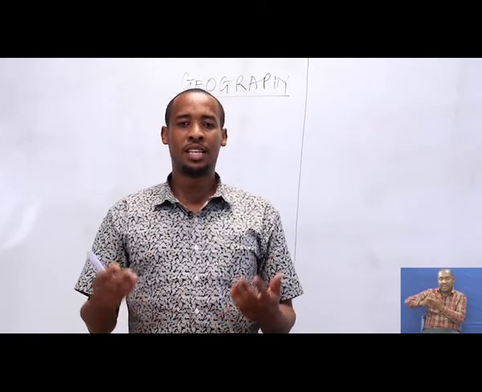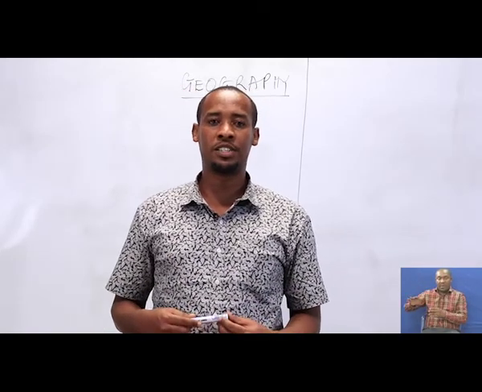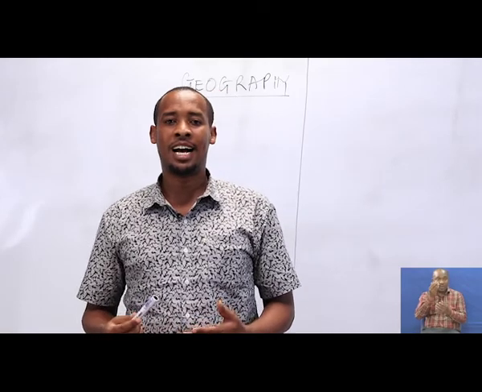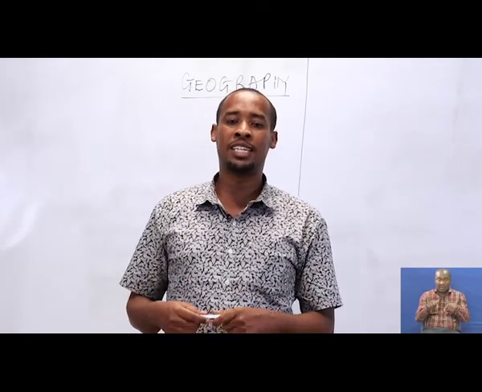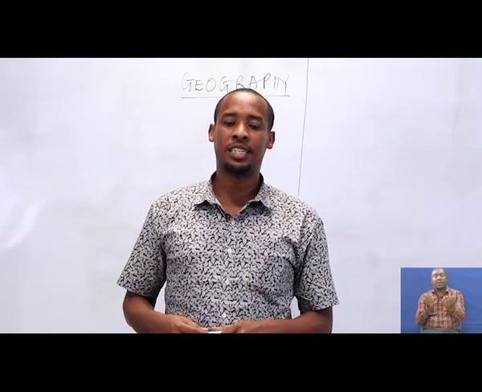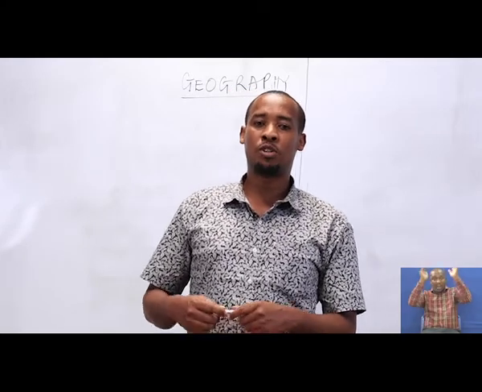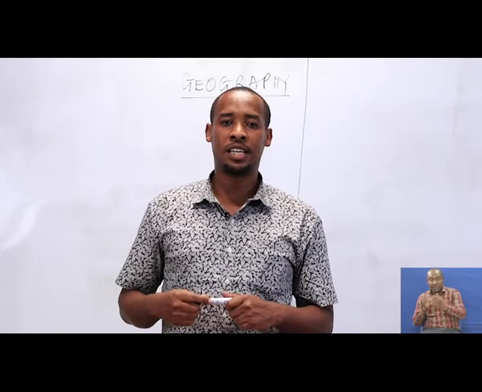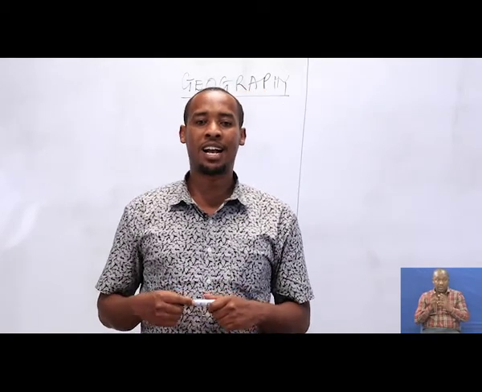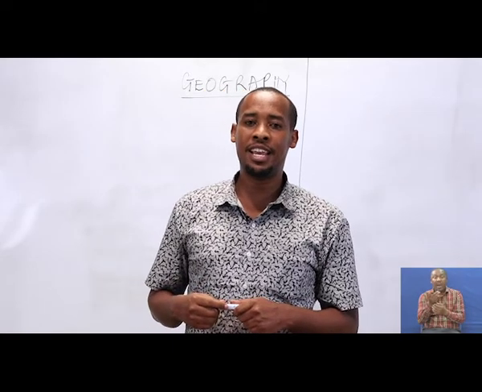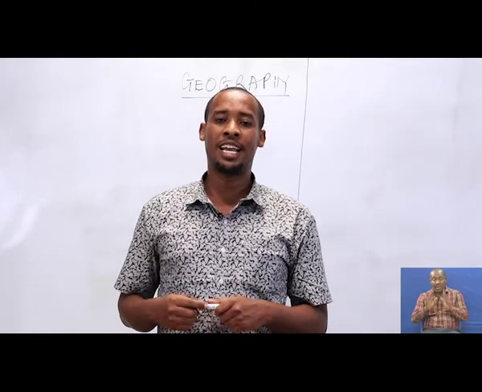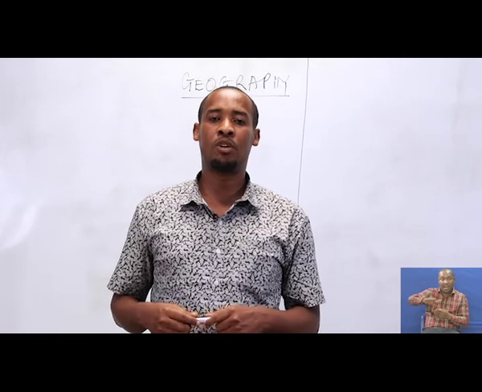Now, after knowing the meaning of population, I said this will make you aware of the term human population. When we talk about human populations, we are highly focusing on the number of people living in a certain area in a given period of time.